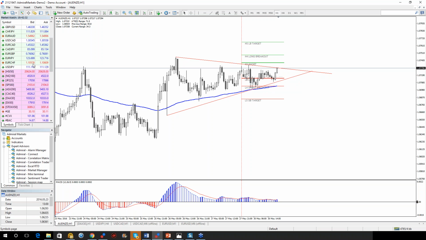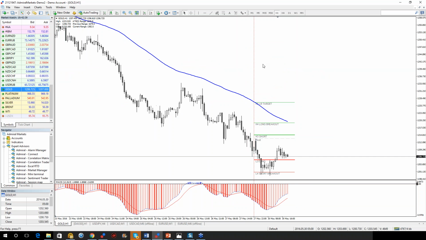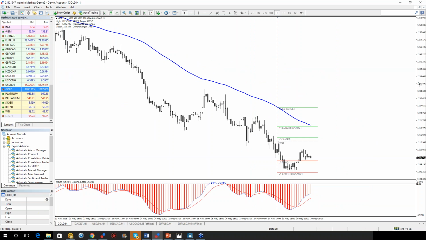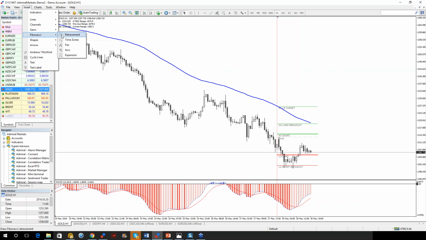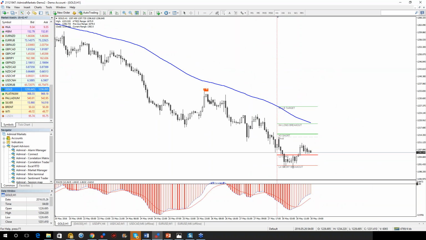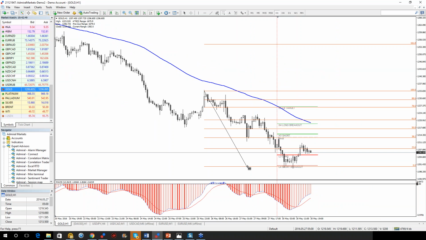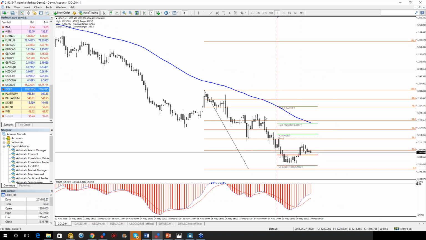Gold. Okay. What a drop. Yeah. Short on rallies. Short on rallies at this point. Yeah, I was looking for this confluence here, and we actually see the confluence here.